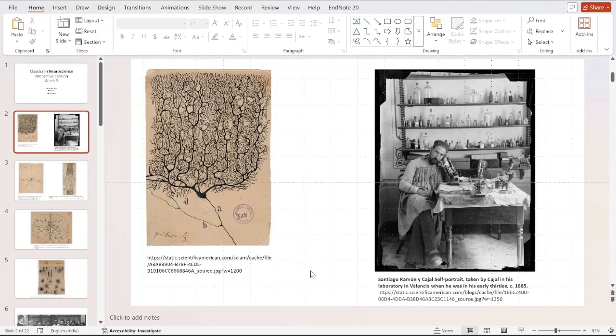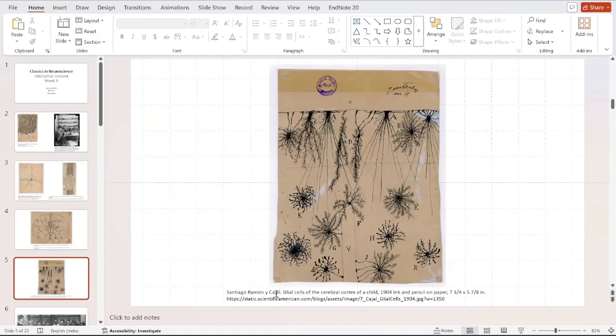So Cajal was the first Spanish national to win a Nobel Prize, and he tried a lot to reform the system in Spain, but unfortunately, it was not to happen. So that is all about Ramón y Cajal.